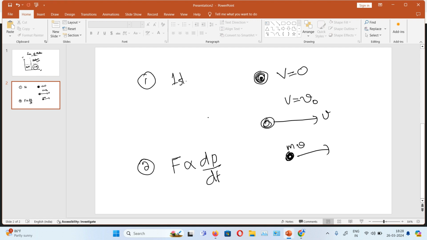It can be considered as a measure of movement.